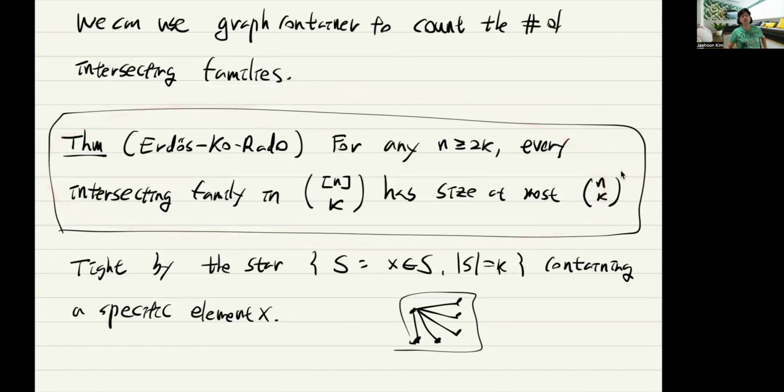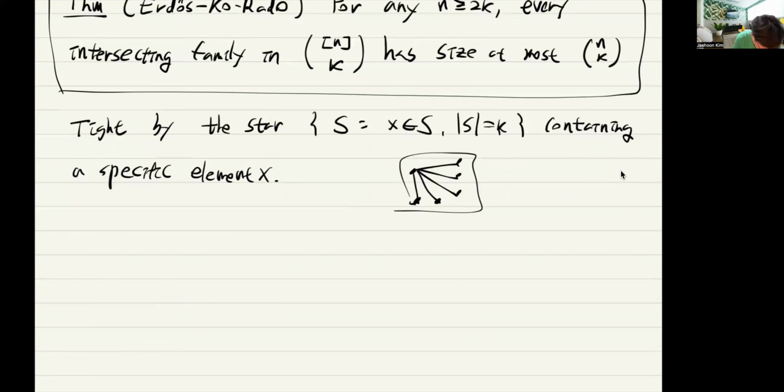One natural question is counting how many intersecting families there are in this n-vertex k-uniform hypergraph. How many intersecting hypergraphs are there? That's a natural question.